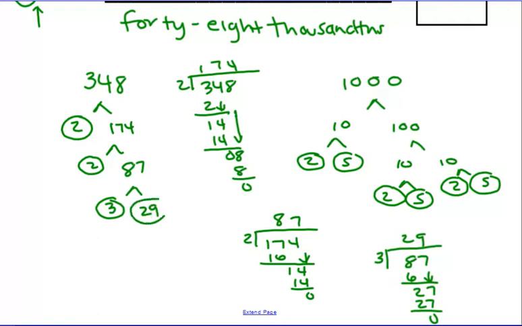And 29 is prime. So what are our matches? We have a 2 here and a 2 here. We have a 2 here and a 2 here. And that is all we have.